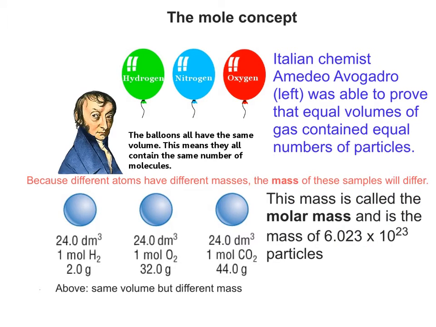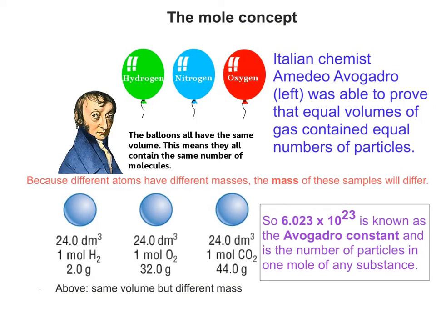So this specific mass for each gas is called the molar mass. It's unique to every single pure substance, and is the mass of 6.023 times 10 to the 23 particles of that substance. So particles can be taken to mean atoms, molecules, or ions.